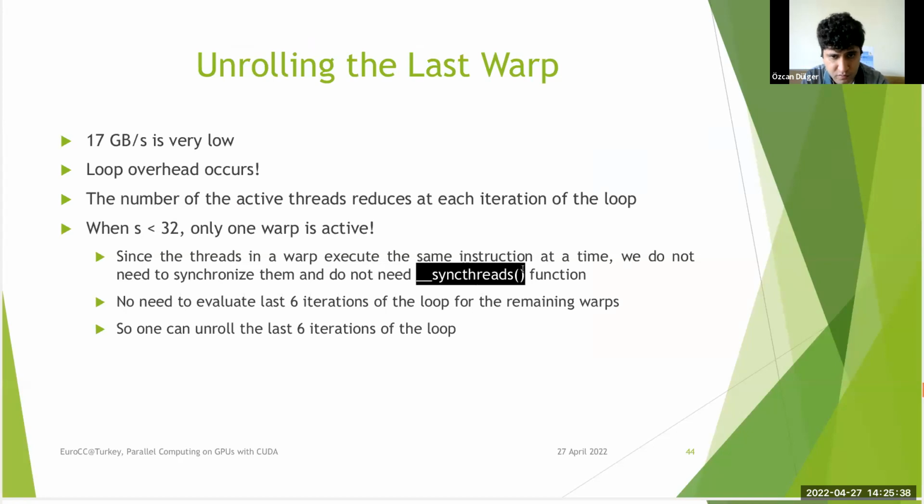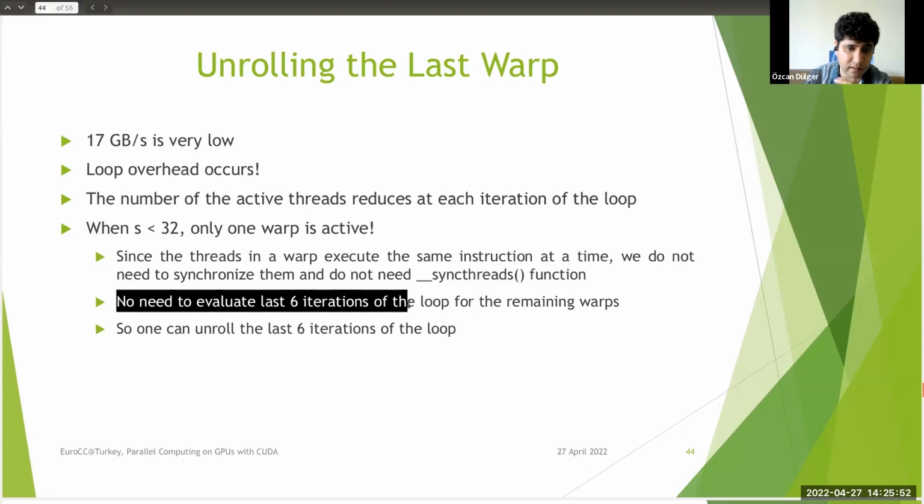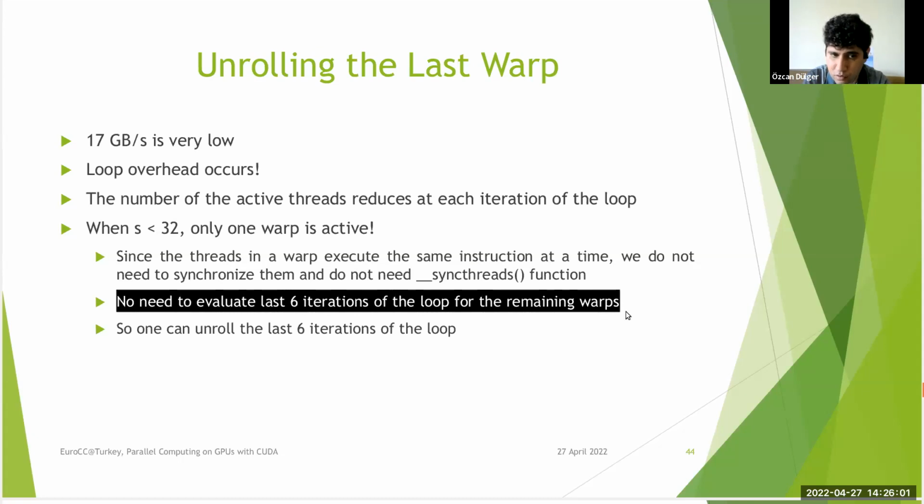So this is also wasteful. We need to eliminate such overheads. And when s is smaller than 32, we don't need to evaluate the last 6 iterations for the remaining warps. Since the remaining warps will be idle, there is no need to evaluate the last 6 iterations inside the for loop. So what can we do? We can unroll the last 6 iterations of the loop.